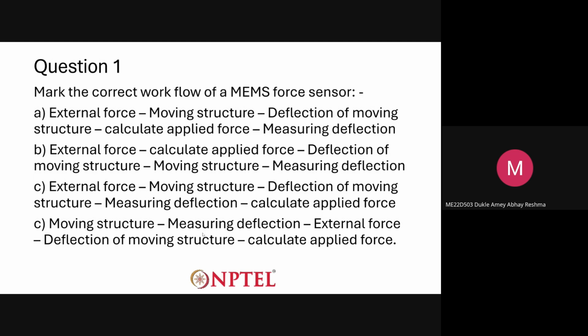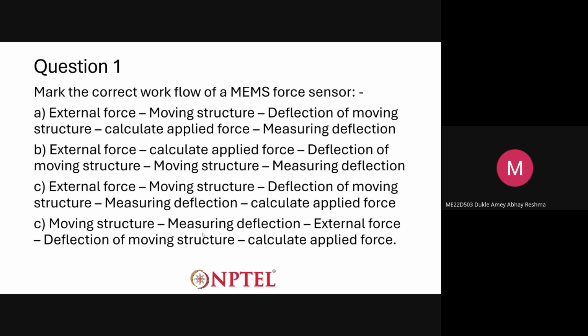What is the correct workflow of a MEMS force sensor? We have a MEMS force sensor, and we want to find out what the measuring chain will be. As I explained earlier, how will the measuring chain look like? Option A is external force, moving structure, deflection of the moving structure, calculate the applied force, and measuring of the deflection.